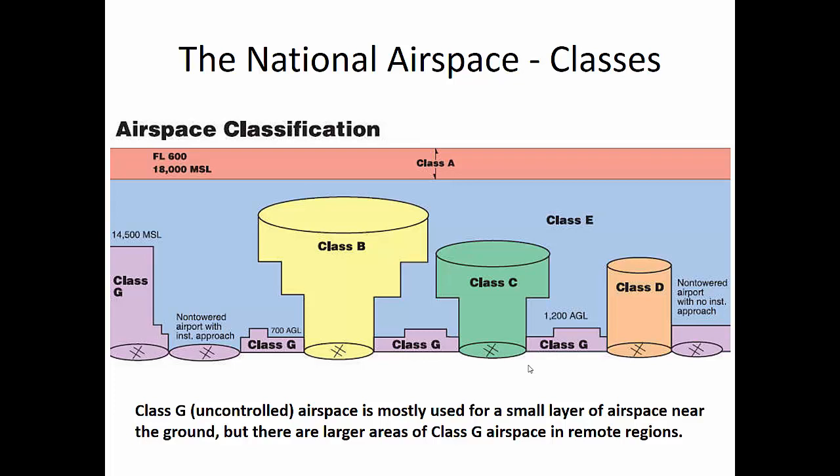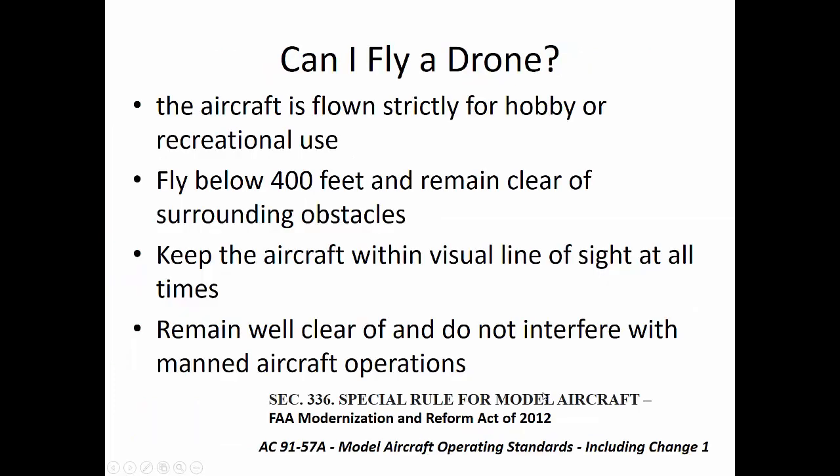Those classes depend a lot upon airports and the size of the airport, and the majority of the airspace that we would be flying in is called Class G airspace, or 1,200 to 700 feet above ground level, which is most of the area that we're going to be flying a drone in.